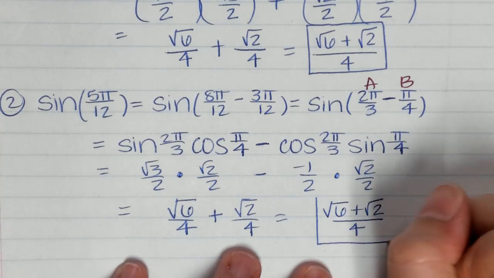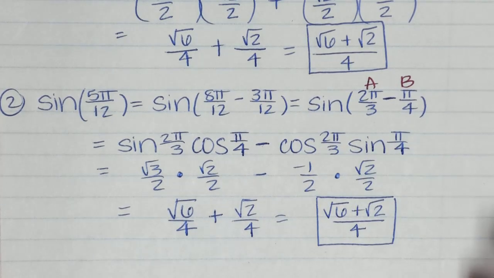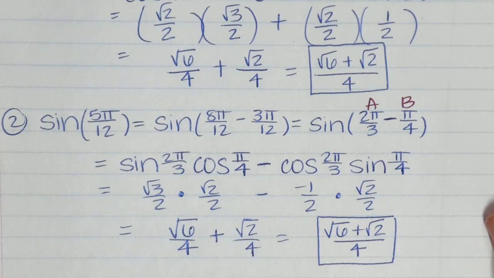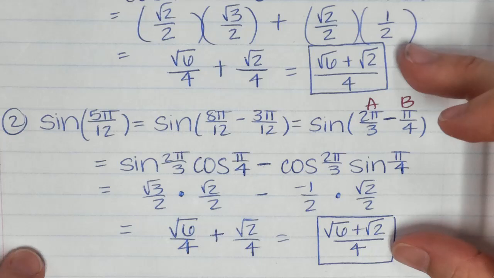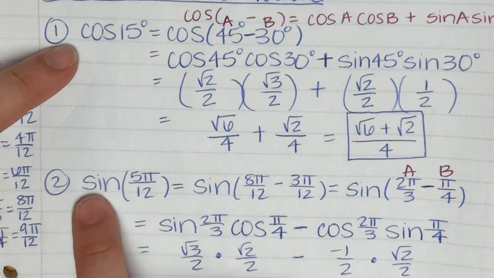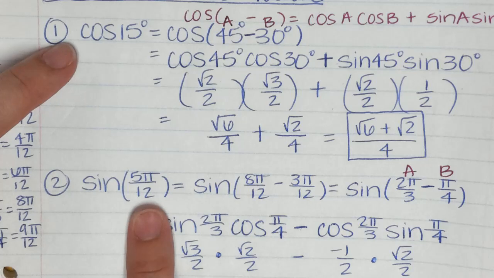Hey, those answers look very similar to each other. Why did I get the same answer for the cosine of 15 and the sine of 5 pi over 12? Because we're both not on the unit circle.